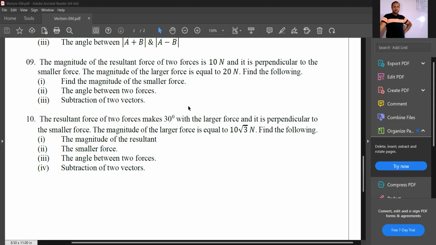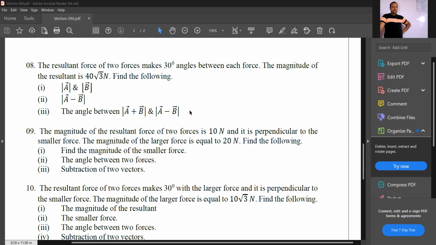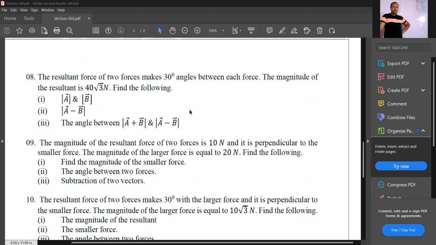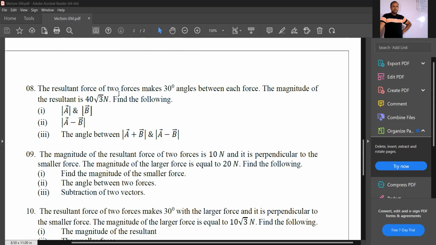The ninth one. Remember, once you determine the parallelogram, then you are asked some geometrical things. Once you determine the parallelogram, then you are asked some geometrical things.